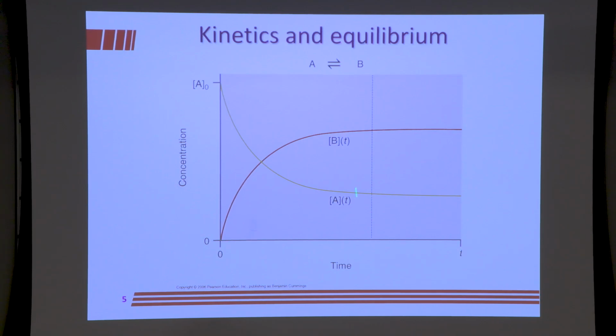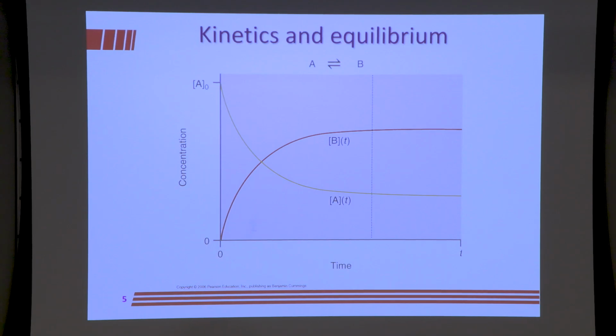And then there comes a time, and it's about here. I use a dotted line or a dashed line for this because it's a little bit of a gray area. Well, not too gray. If you draw a vertical line here, you'll see precisely where equilibrium occurs, right? At this point, the rate of reaction of A to B and B to A reaches equilibrium, and so the rate of reaction is the same in the forward and reverse direction.